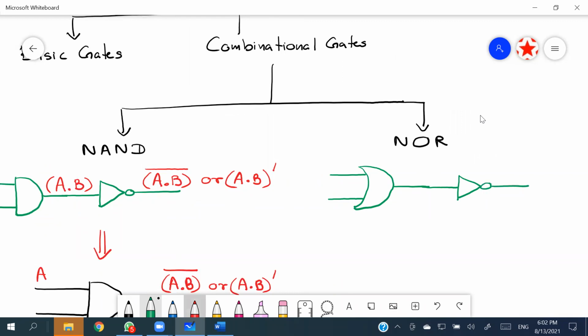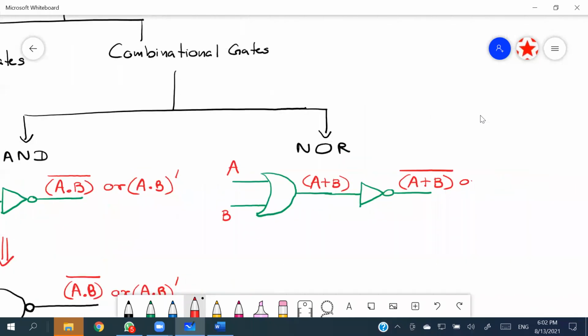So here, if A and B are given as the input, this is going to produce A plus B. And once it moves through a NOT gate, it's going to produce A plus B with a total bar. Or else you can say it is going to be A plus B within brackets, and outside the bracket, a dash.